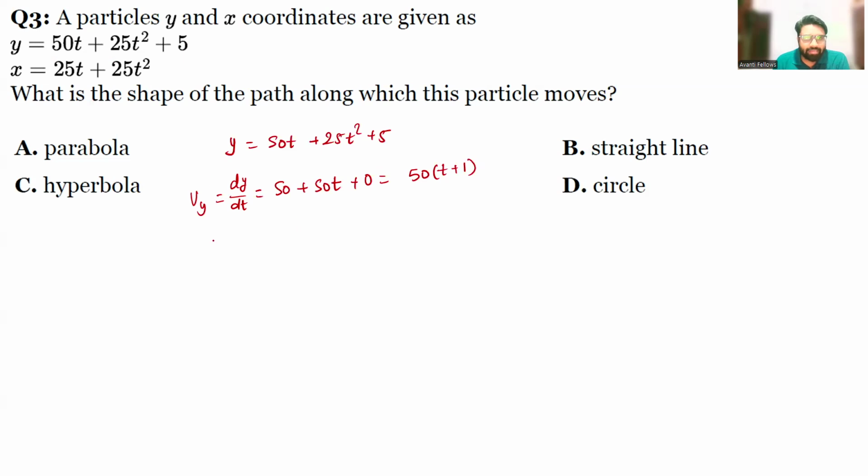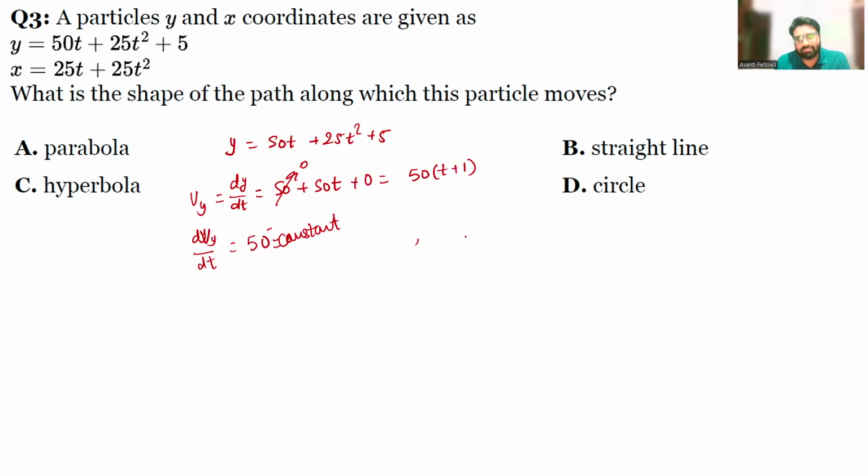And if I calculate the acceleration in y direction, dvy by dt equals 50 only, because the differentiation of 50 will be 0. So this is a constant quantity, meaning acceleration in y direction is constant.